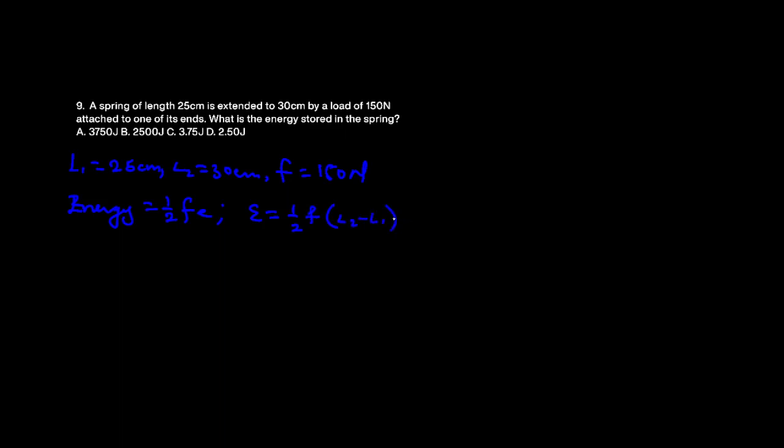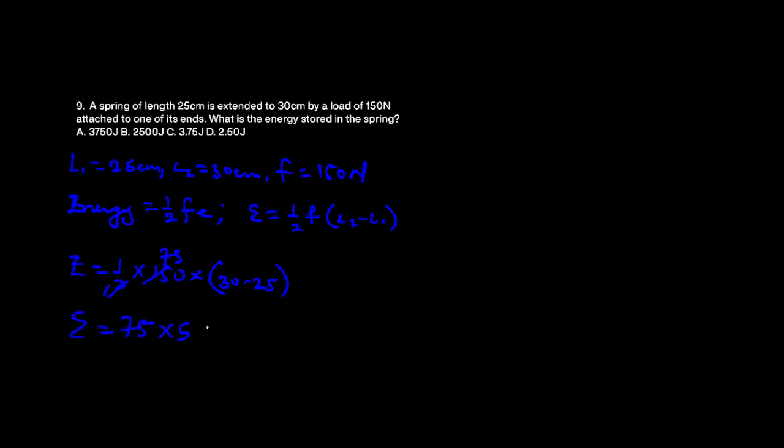So that will give us the extension we are looking for, right? So the energy is equal to 1 over 2 times 150, then multiply by L2, which is 30, minus 25. So half of 150 should be 75, and you are having 75 multiplied by 5.